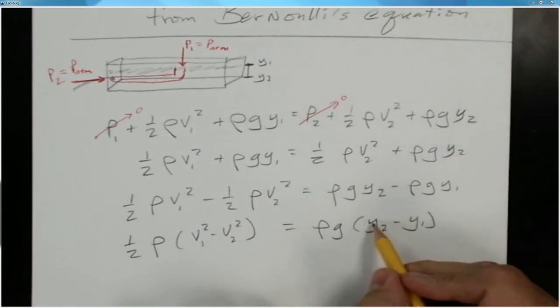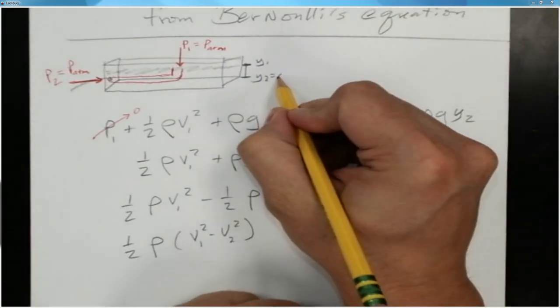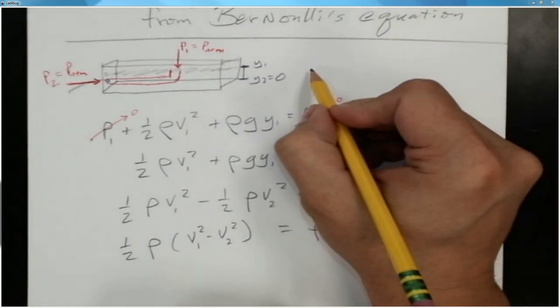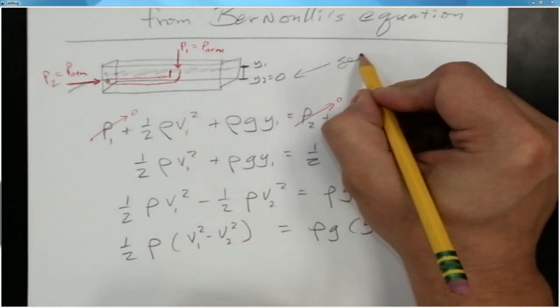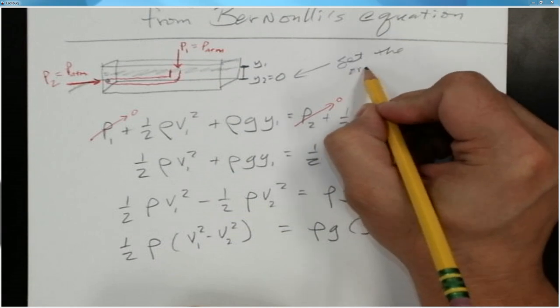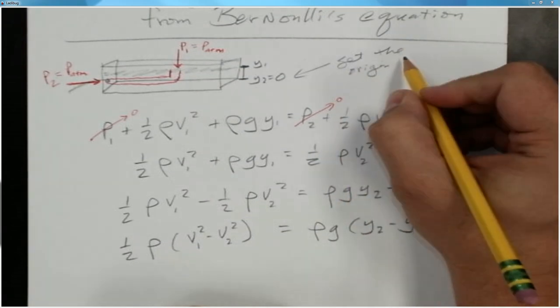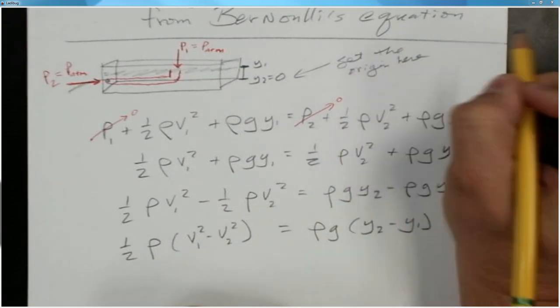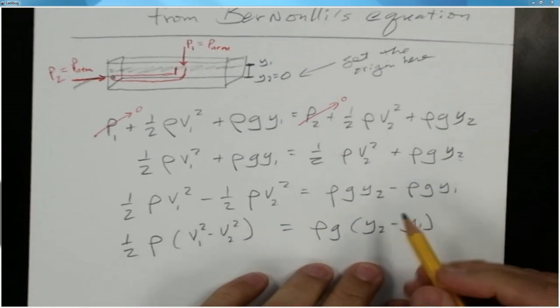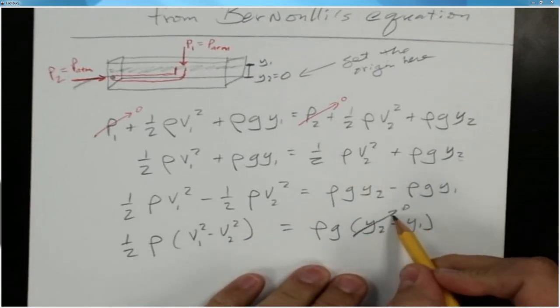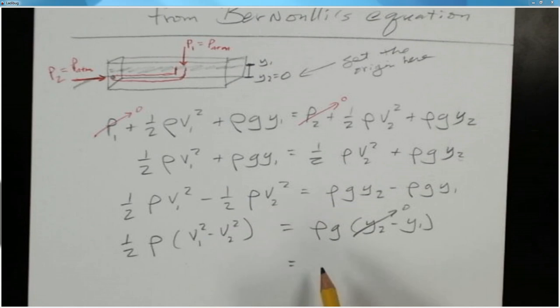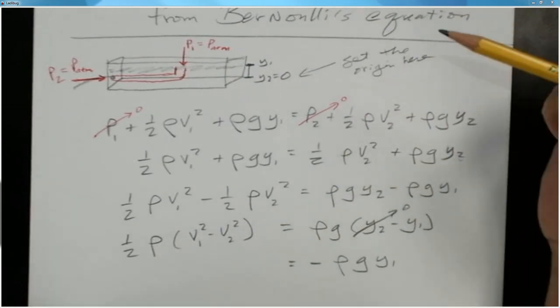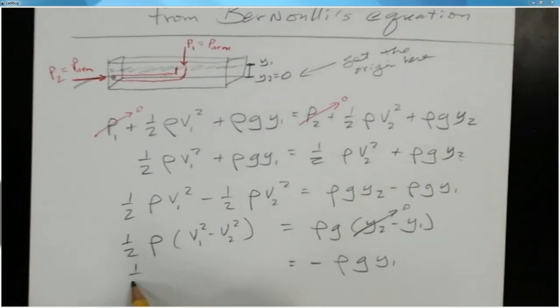So this becomes 0, because you set the origin, and this is going to become negative rho g y1. Now we're going to make the next simplifying assumption. Let me finish writing this out.